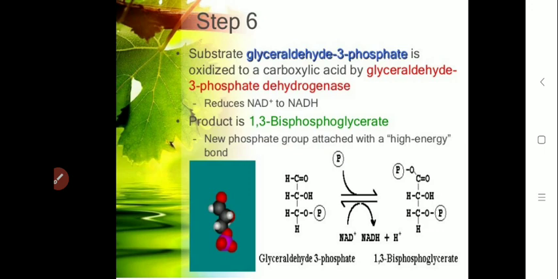Here you can see that the new phosphate group is attached with a high energy bond to 1,3 bisphosphoglycerate.